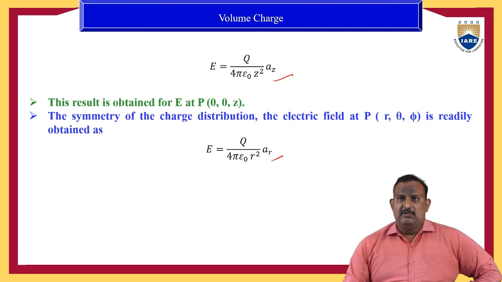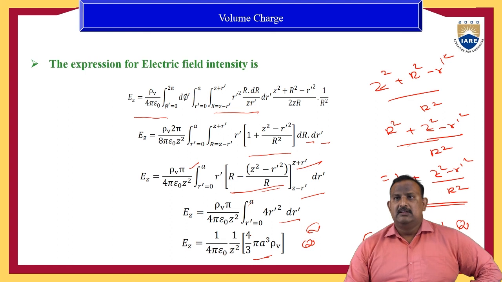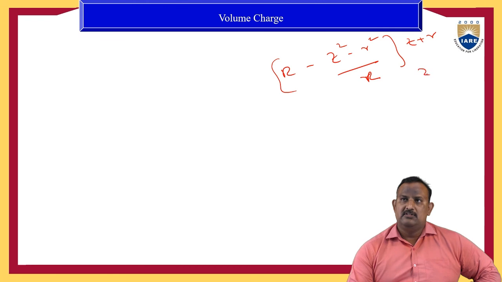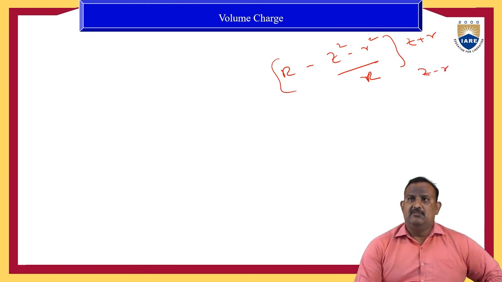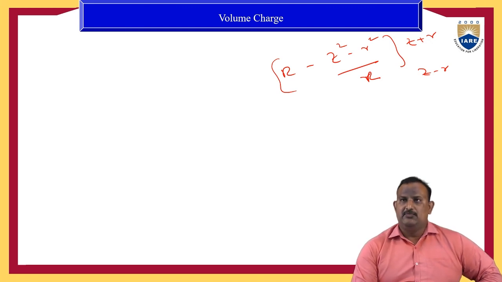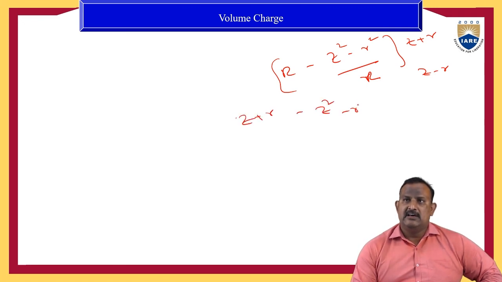So here we can simplify that equation. It is r minus z square minus r square by r between the limits z plus r to z minus r. We need to substitute z plus r in place of r and z minus r in place of r. Therefore, if you substitute the value, it is z plus r minus z square minus r square by z plus r.